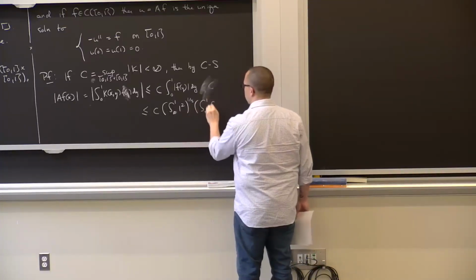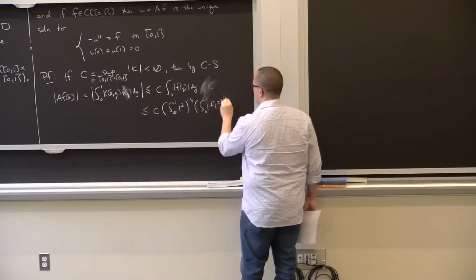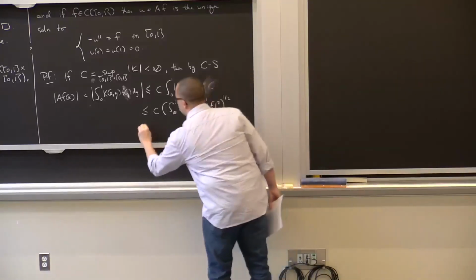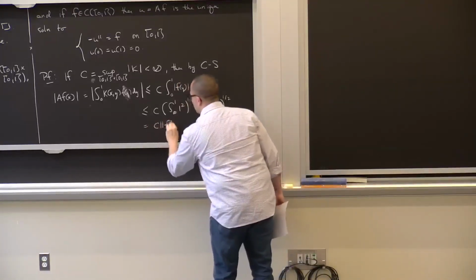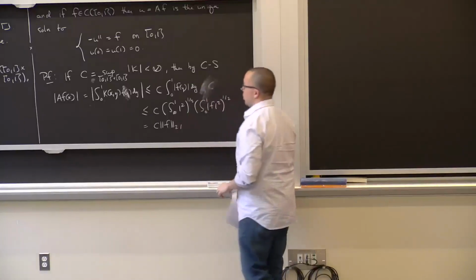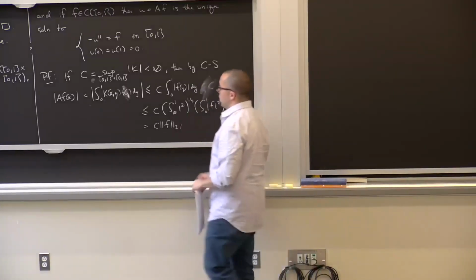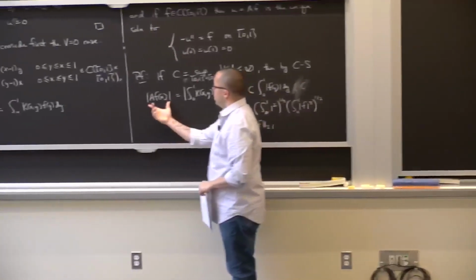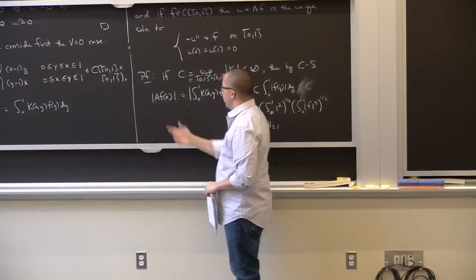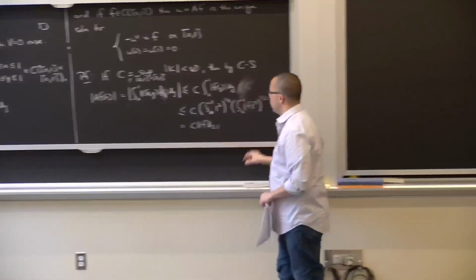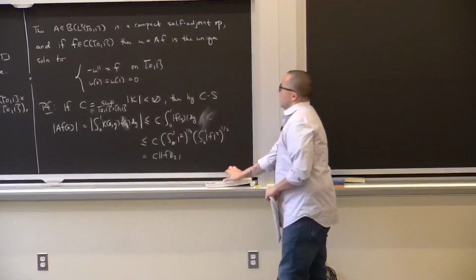Times the integral from 0 to 1 of |f| squared to the 1/2, and I get C times the L2 norm of f. So what have I done? I've bounded, for every x in [0,1], |A f of x| by a constant times the norm of f in L2.